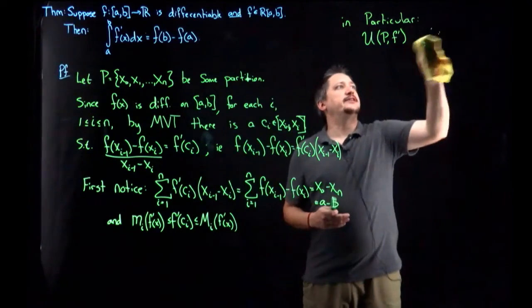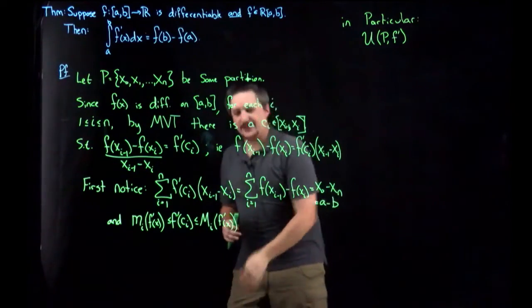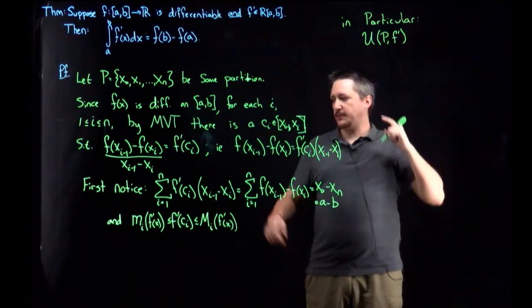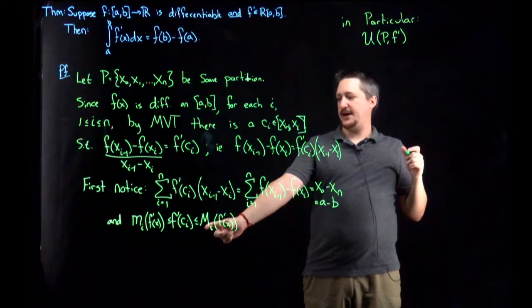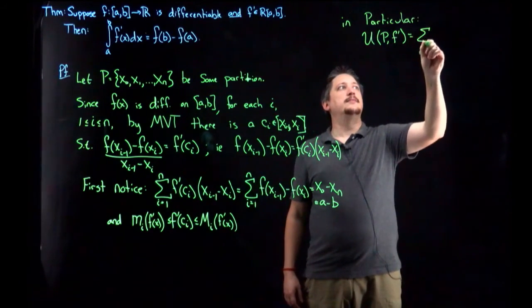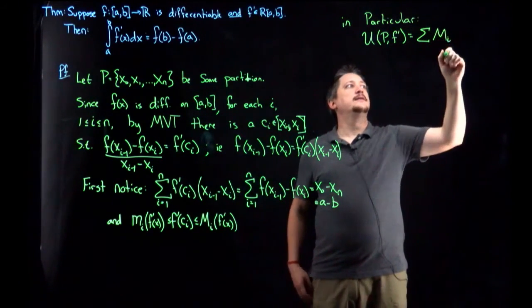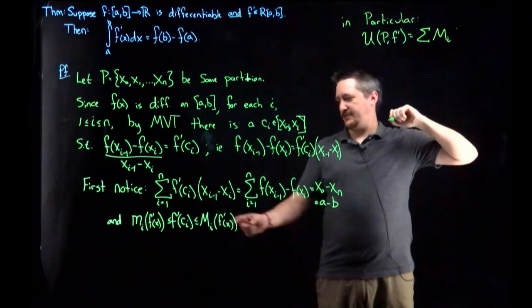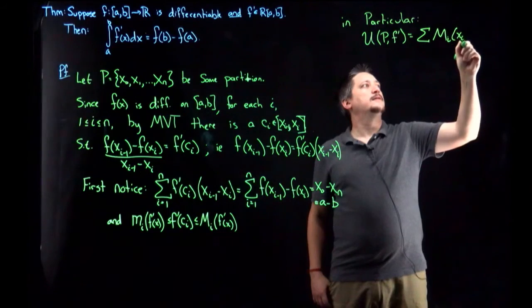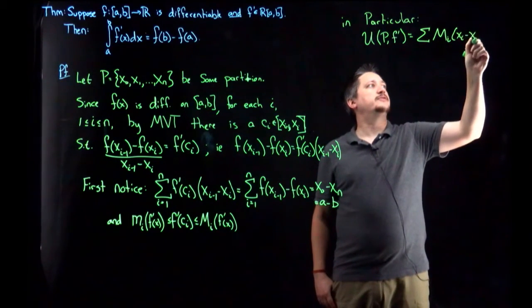I don't want to do minus yet. Let me explain it so I don't just jump ahead. So if I were to look at the upper sum here, right? The upper sum is the sum of capital Mi's, right? So this would be the sum Mi times the xi minus xi minus 1.